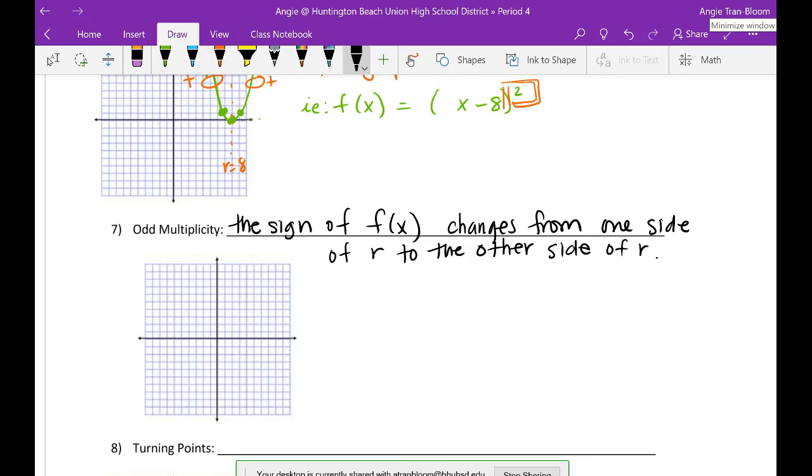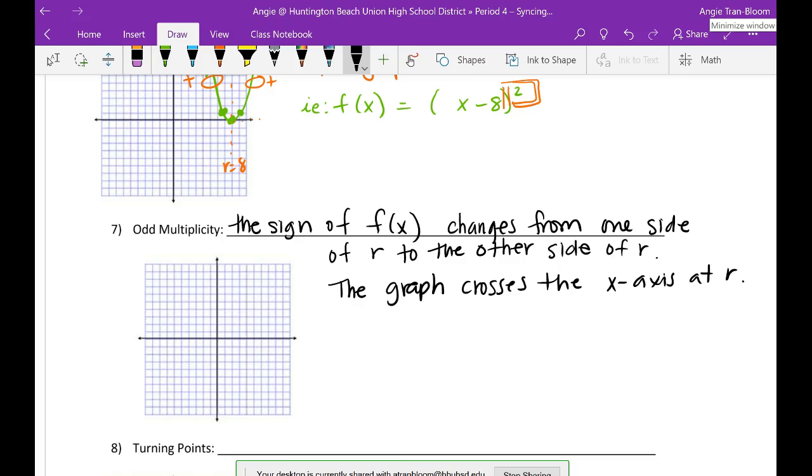So if it's an odd multiplicity, the signs will change from one side of r to the other. Okay, and this is important. Here we go. The graph crosses the x-axis at r.